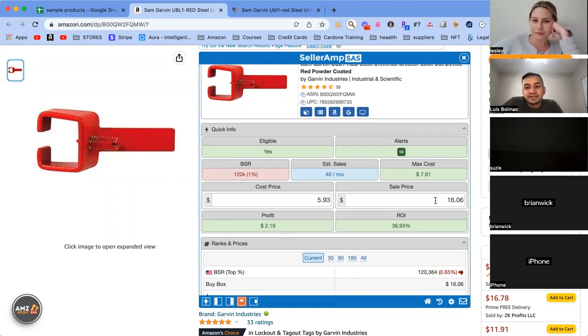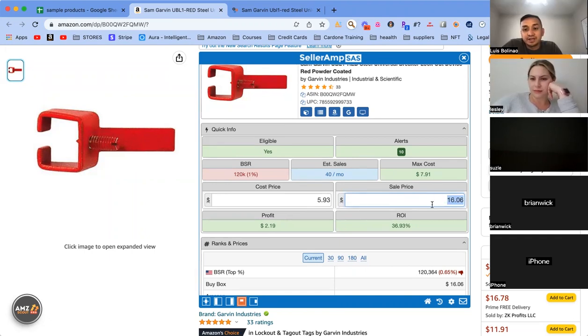Let's say you want to make $5 per sale. I'm going to adjust the sale price to 20 or 21, and I would set your price to like $20 and just let your product sit there and wait. The thing with me is that I don't want to wait, so I'm willing to lower my price. That way my products and my money are always revolving.